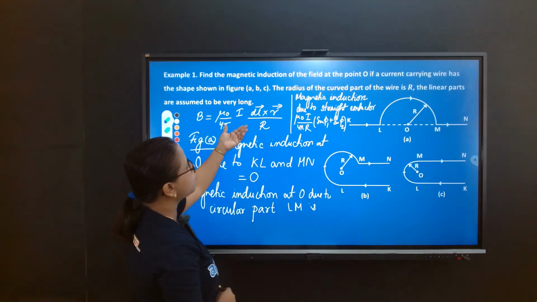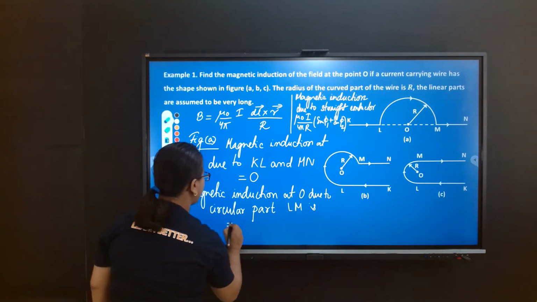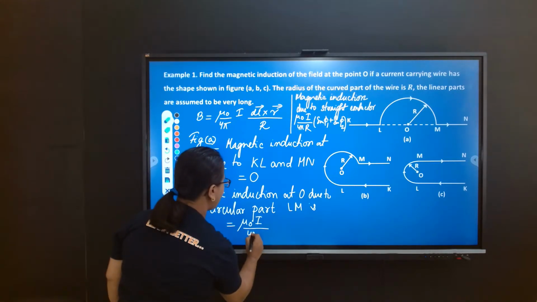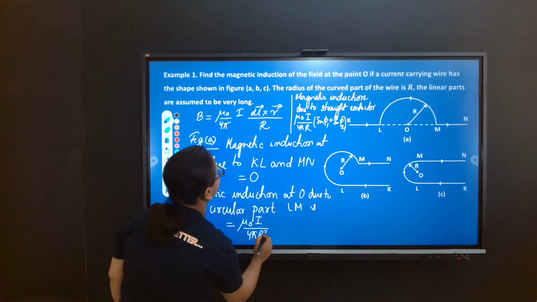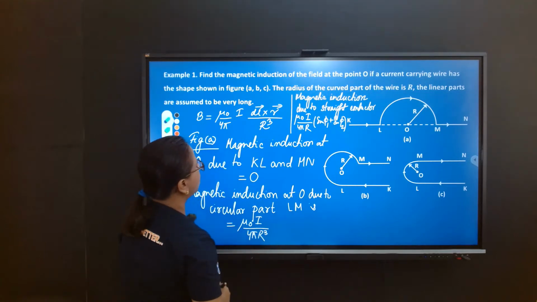So taking this formula in mind, let us move forward. We have the magnetic induction as mu naught times I by 4 pi, R cubed. So let's do R cubed here.